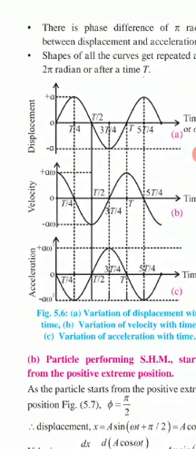Shortly we can say velocity is at positive extreme while displacement is at mean position. So the angle between them is 90 degrees, and the phase difference is pi by 2. Then the phase difference between velocity and acceleration is also pi by 2. Velocity will be plus a omega, and acceleration will be at mean position. So both terms are at a phase of 90 degrees.